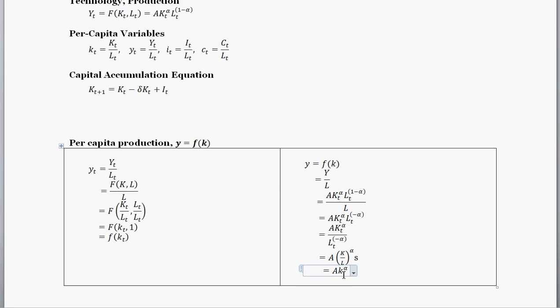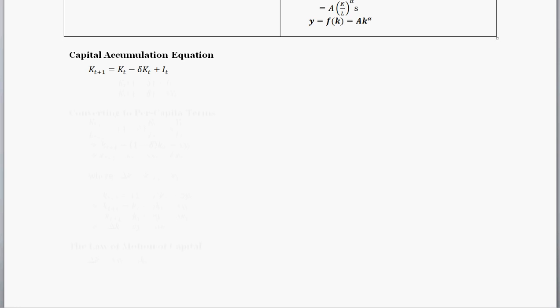A lot of times in textbooks, they'll just assume that total factor productivity is 1, and they'll give you a value for alpha, like 1/2 or something like that. But I want to keep these things pretty general, so I'm going to stick to this. When you look at a textbook, they'll give you a production function, and they'll maybe make that a 1, which makes it go away, and so forth. Cool, so now we've got our production function in per capita terms.